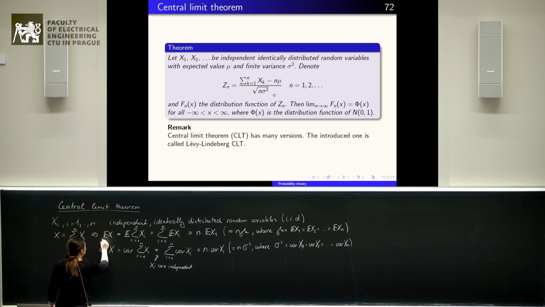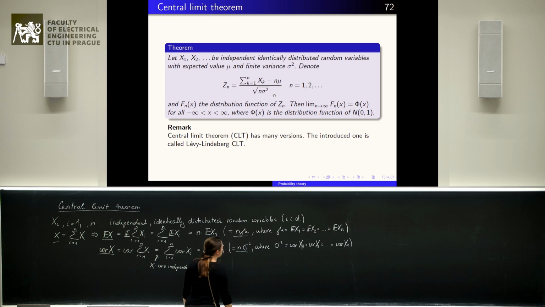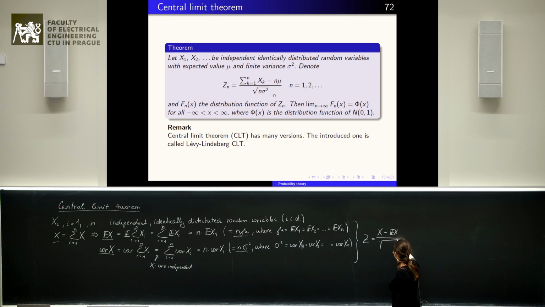Great. So we know that the expected value and the variance of this sum are equal to n times mu and n times sigma square respectively. What does it mean? It means that when we consider the random variable z, which is equal to x minus the expected value of x over the square root of the variance, using our notation, it is the sum of xi minus n times mu over the square root of n times sigma square.